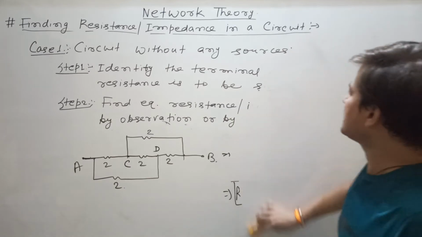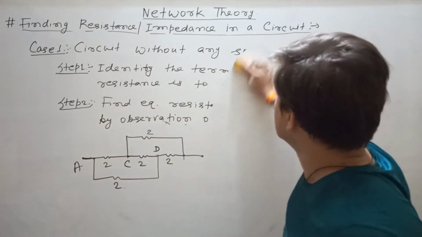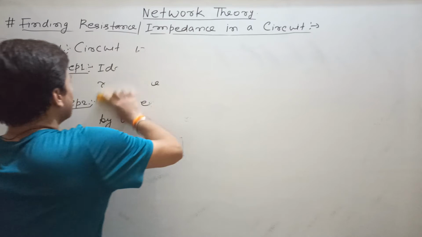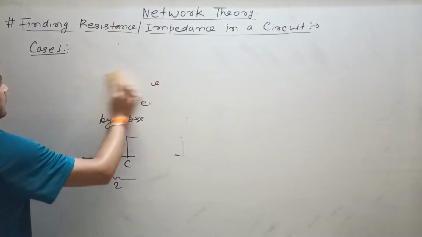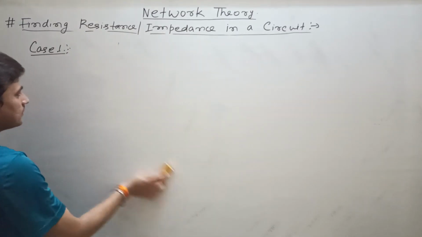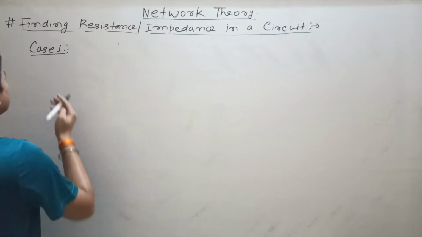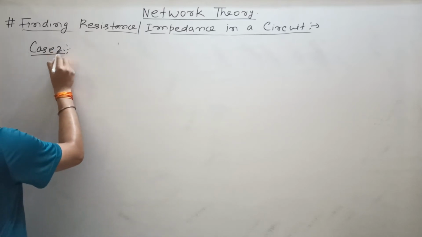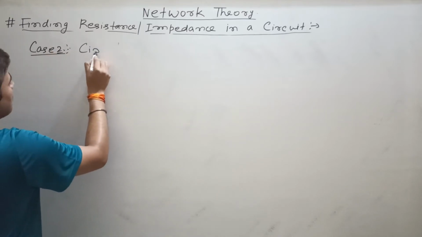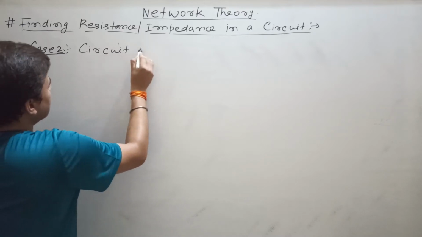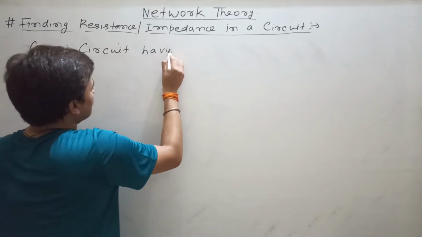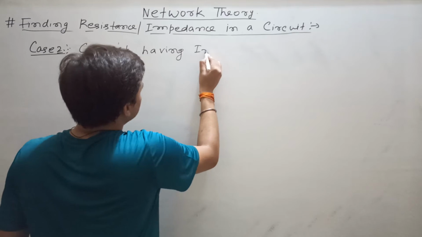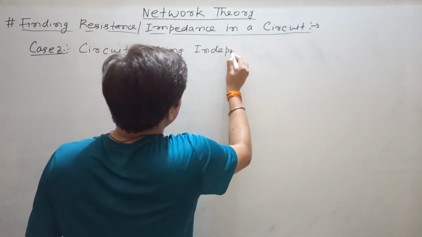Now in the second case, the circuit will have independent source present in the system. Second case is circuit having independent sources.